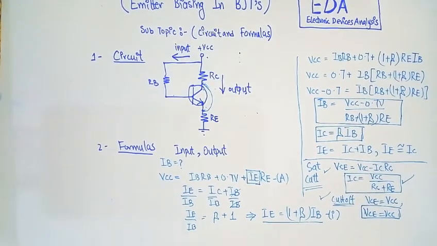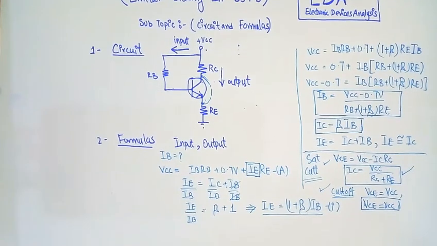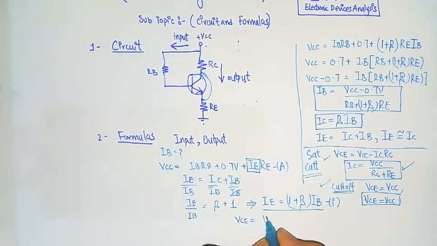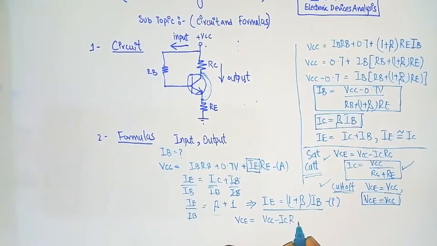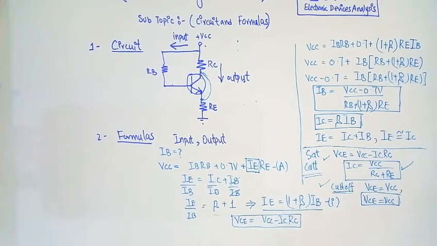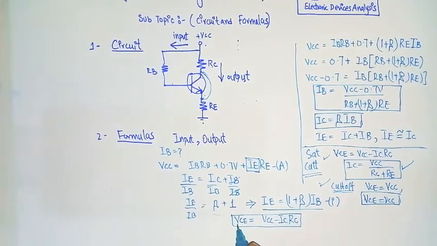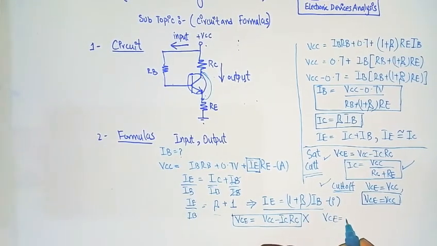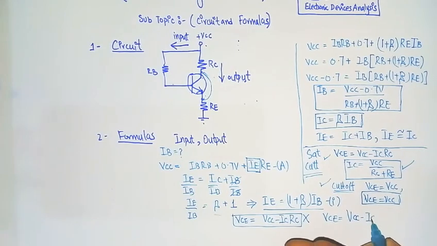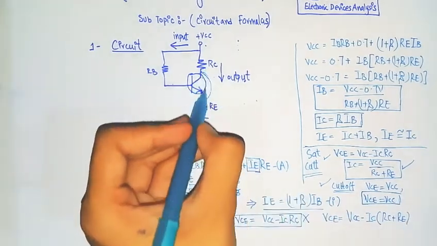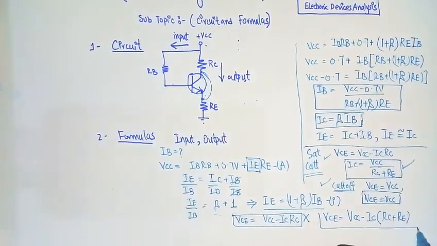Now we will see the voltages from the input loop of the transistor. VCE will be equal to VCC minus IC into RC. This is the formula to find collector emitter voltage of any circuit. But in emitter biasing, this does not hold. The formula is VCE equals VCC minus IC into RC plus RE, because both resistances are present in that circuit.